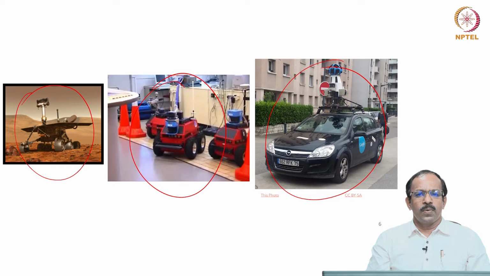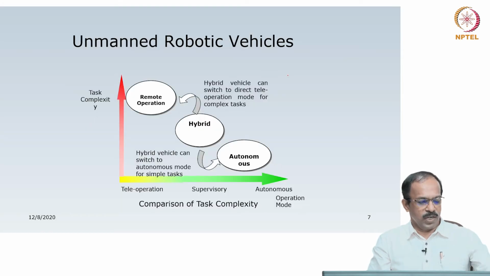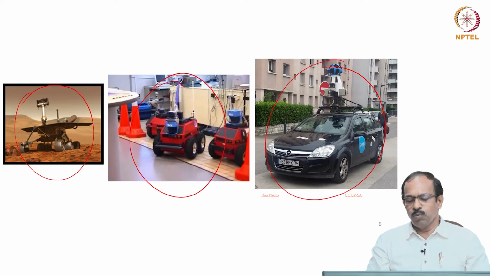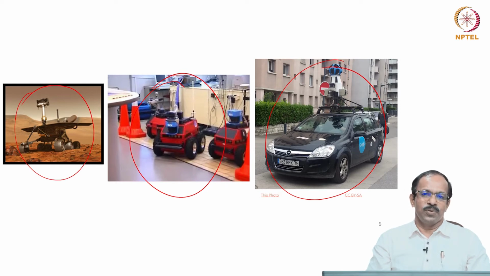So the sensing and perception is the most crucial in the case of such robots. Most of you know that in order to design an autonomous car, we need to know that the robot has to identify the road, the surroundings, the pedestrians, and the signals.